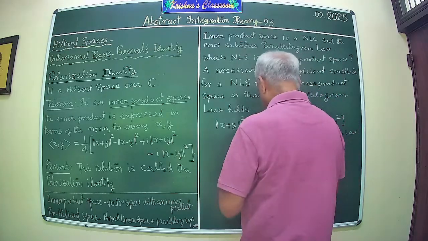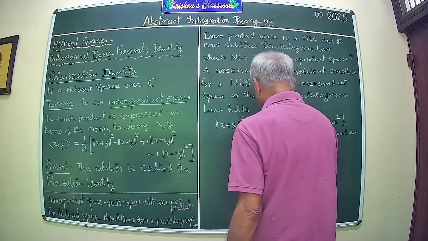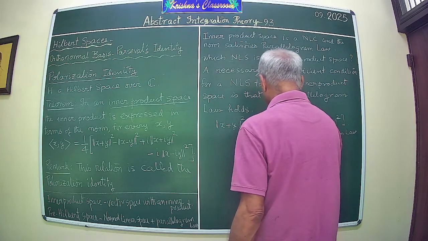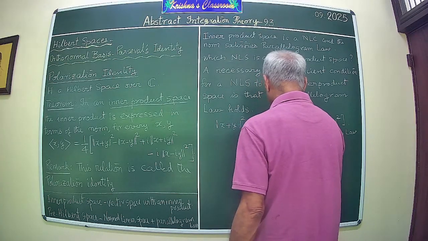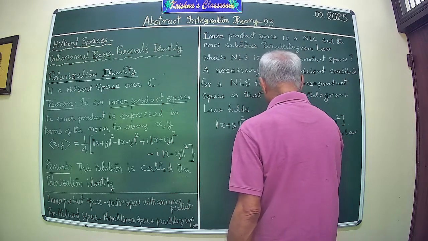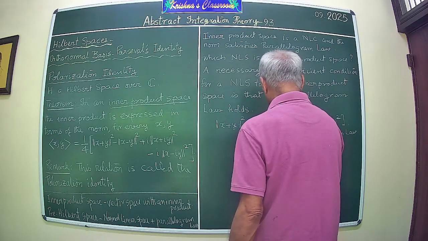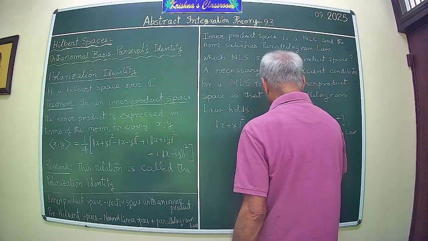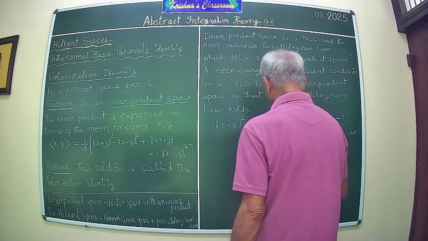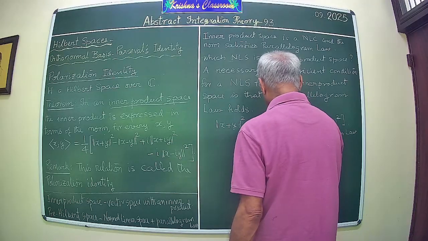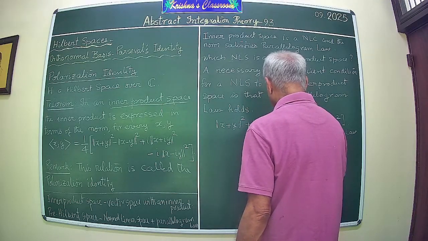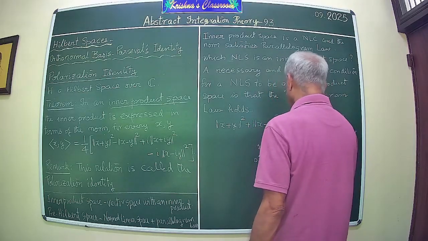See, the point is this. If this vector is x, this vector is y, then you know that vector additions take place through the parallelogram law. So, complete the parallelogram. This is the vector x plus y.